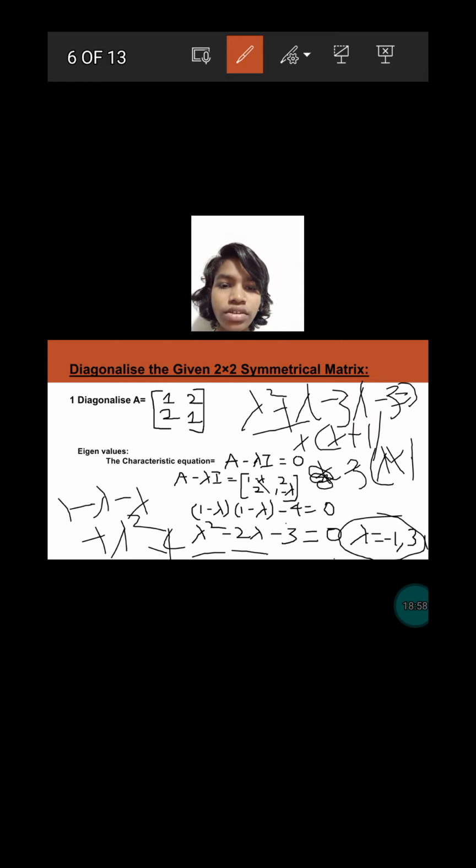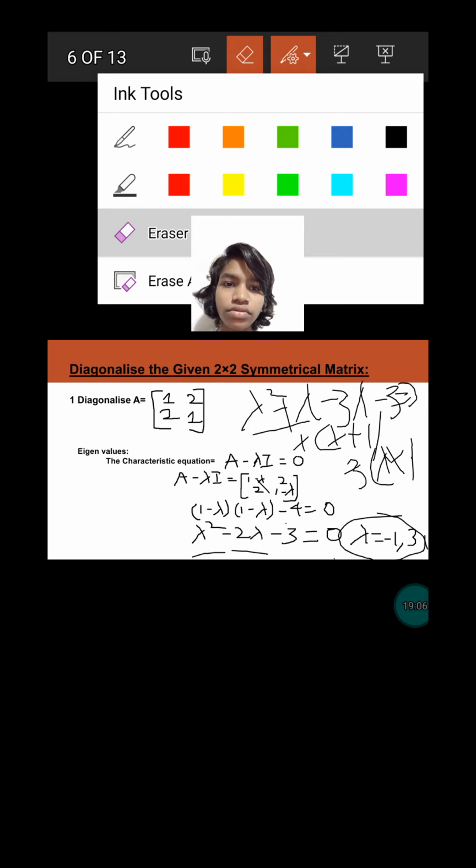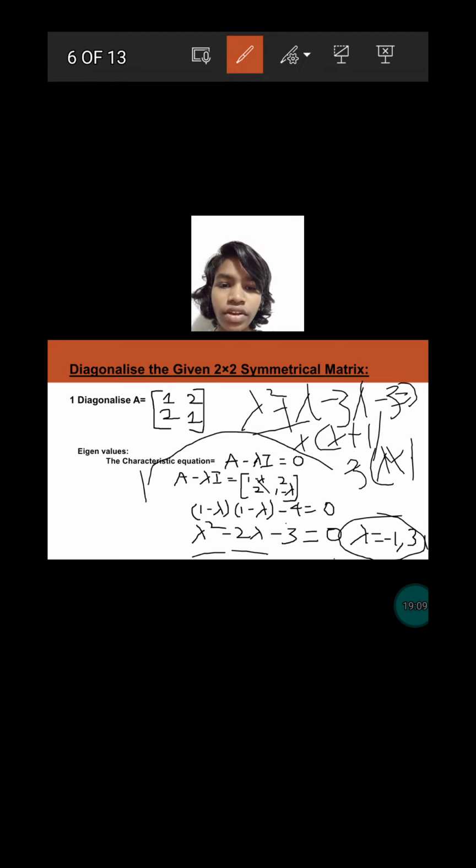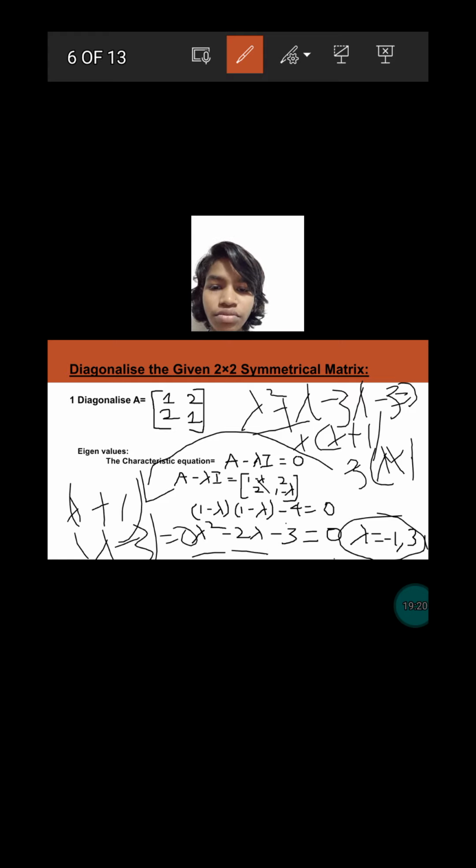Then from these take lambda plus 1 as common, and the remaining is lambda minus 3, which equals 0. So lambda plus 1 equals 0 gives lambda equals minus 1, and lambda minus 3 equals 0 gives lambda equals 3.